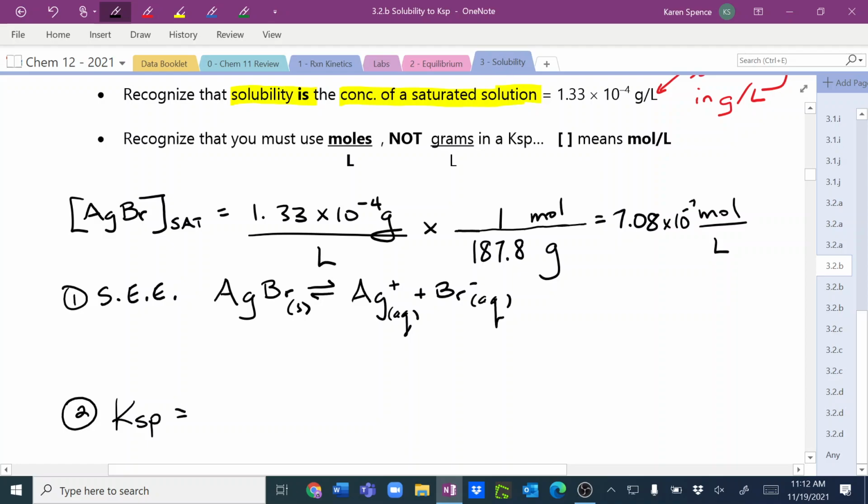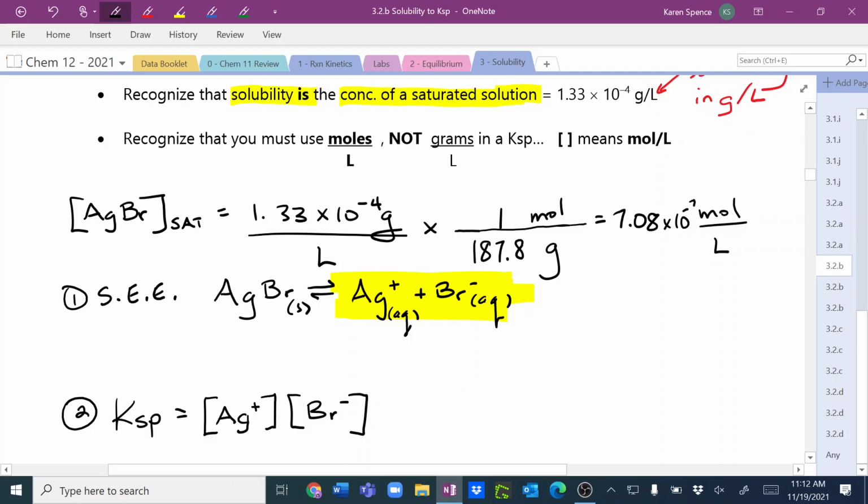What is our KSP equal to? Tell your partner. What would you write? So it's going to be concentration of silver times the concentration of bromide.